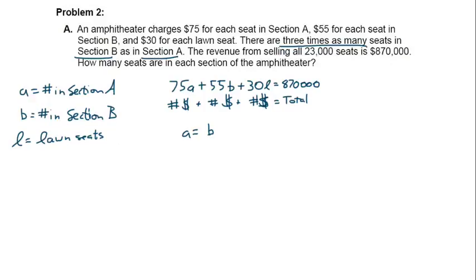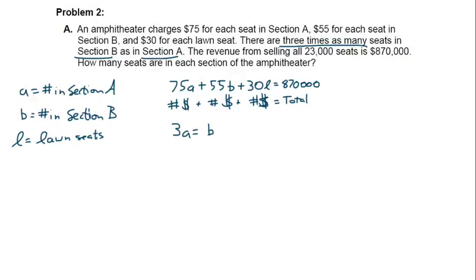The question is, which one do I have to multiply by 3 to make them the same? I actually have to multiply A times 3. I know it says 3 times as many seats in B as in A, so your first thought is to multiply B times 3. However, there are more seats in B than in A.